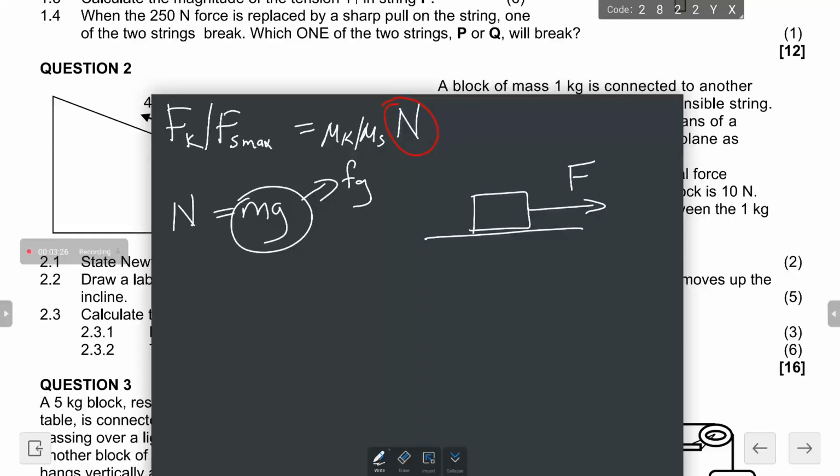plane. So if the object is moving horizontally, there is no vertical displacement of the object, meaning there's no vertical acceleration. Hence, we find normal force being equal to mg, because normal force will be acting vertically upwards, and the force of gravity will be acting vertically downwards.